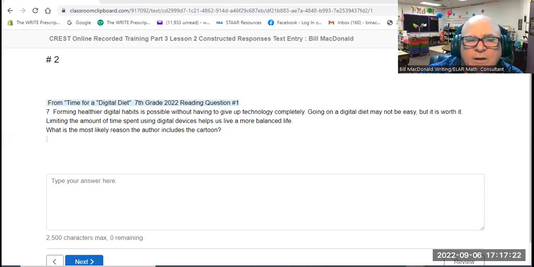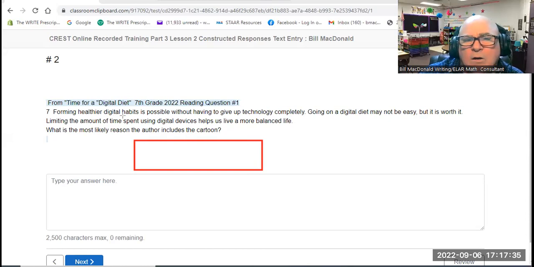Let me kind of give you an idea here. There was a paragraph 7, and then there was that picture of all of those kids standing at a playground looking at their phones. And so the question said, what is the most likely reason the author includes the cartoon?